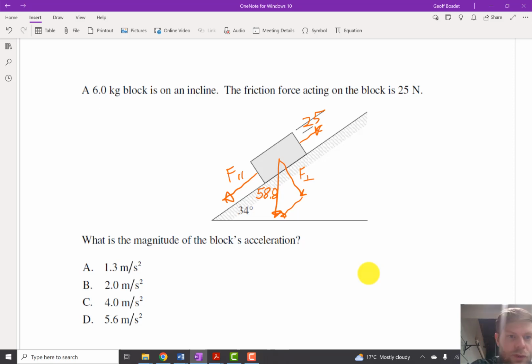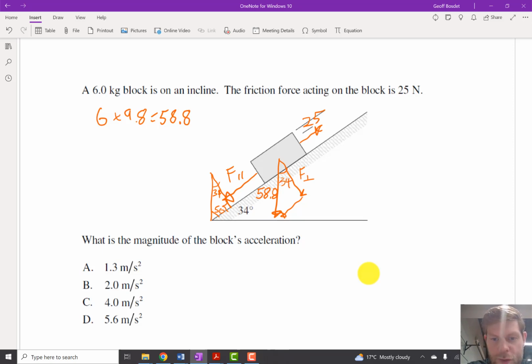So that's 6 times 9.8 is 58.8. This angle up top will always be the same as the angle in the bottom. Draw it here if you need to figure that out for yourself. 34 plus this angle have to add to 90. So that would make it 56, and then these two have to add to 90, so that makes it back into 34.